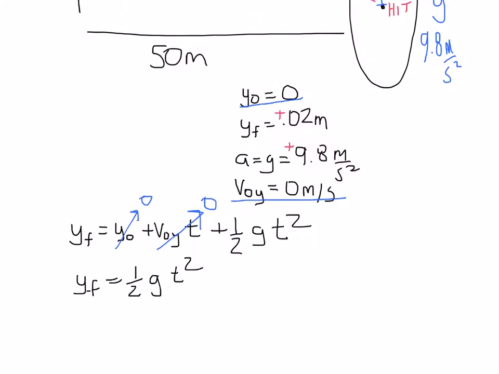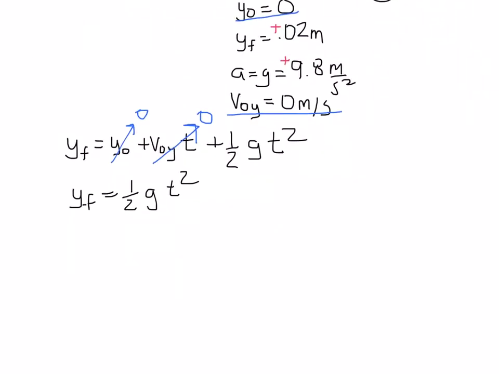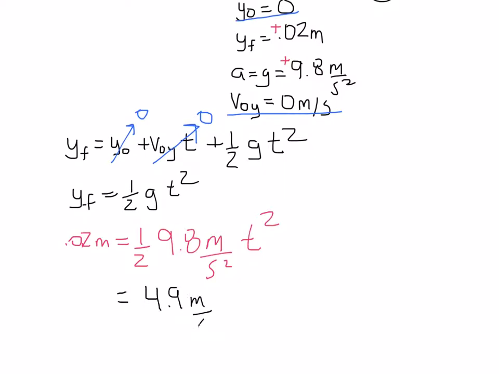So we know y final is 0.02 meters. 0.02 meters is equal to 1/2 times 9.8 meters per second squared times t squared. Let's just do the arithmetic on the right hand side. So this is going to be 4.9 meters per second squared times t squared, and over here we still got our 0.02 meters.